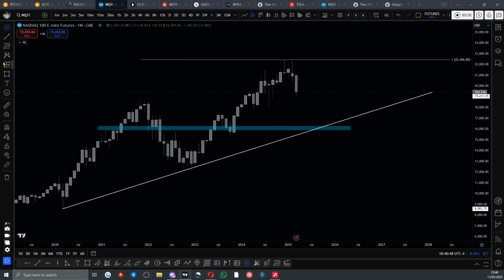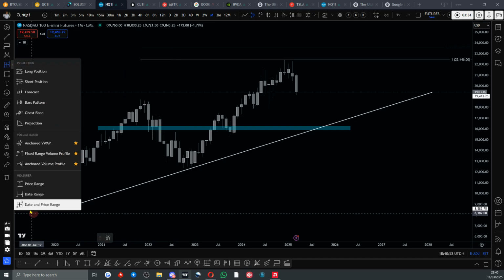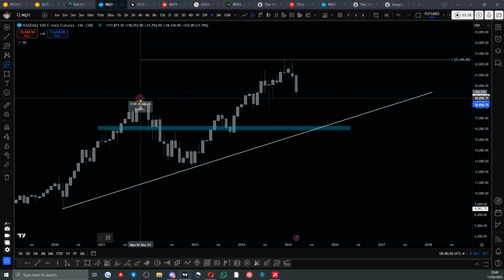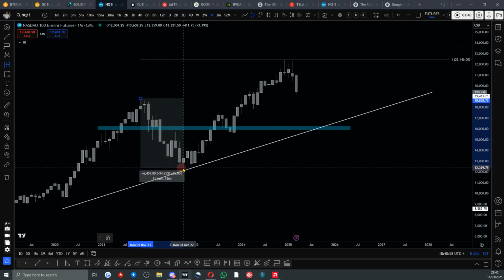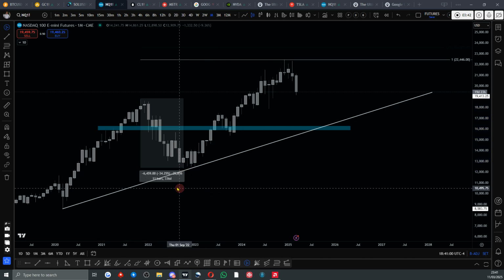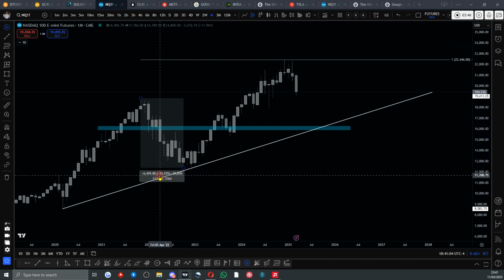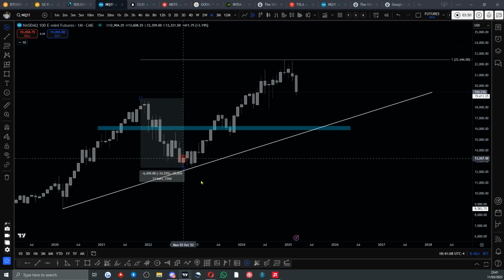But with that said, I'm now going to measure using this date and the price range from the last all-time high down to this low. You can see here that gives us 336 days and a 34% retracement.